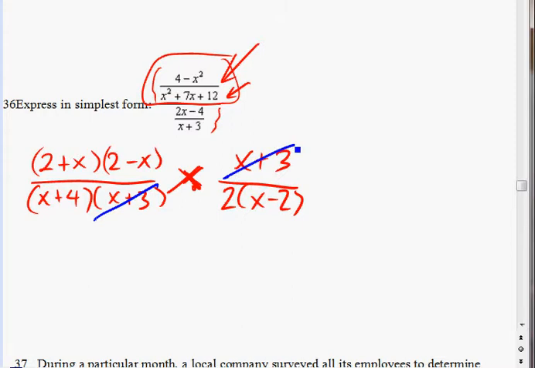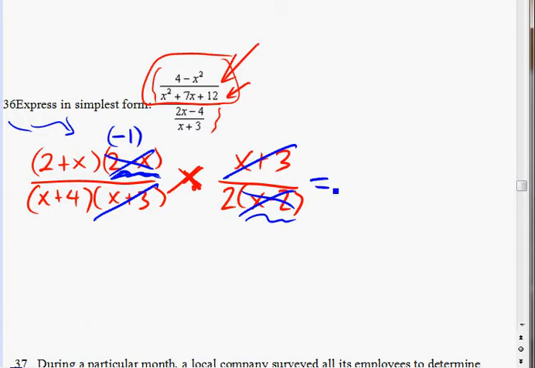Let's see what else I can cross out. Well, we have x minus 2 here, and that's very similar to something on top, but not totally there. x minus 2 and 2 minus x are exact opposites of each other. That's positive x, that's negative x, that's negative 2, that's positive 2. So you can cancel them out, but because they're exact opposites, you need to leave a negative 1 behind.